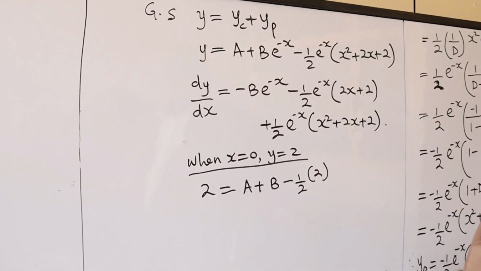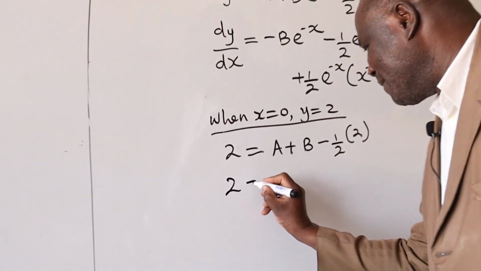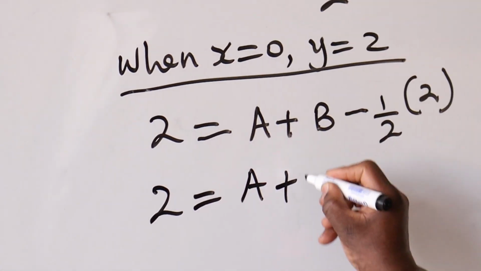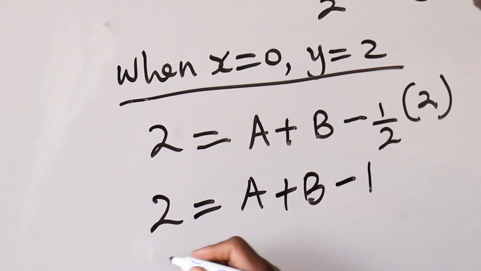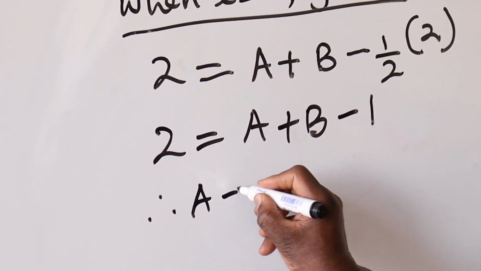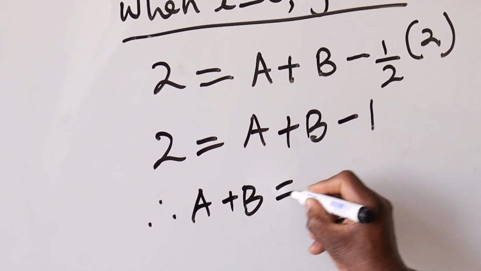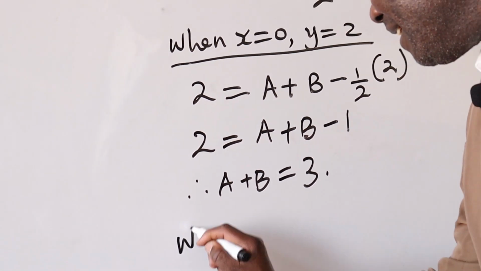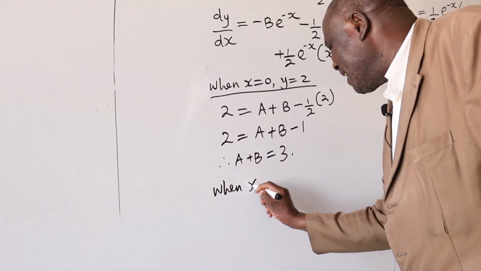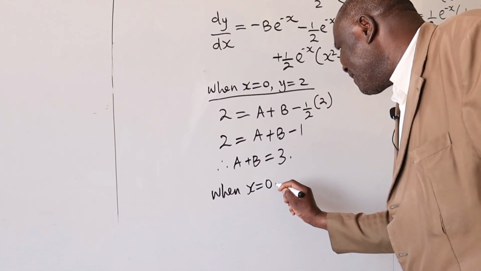So 2 is equal to a plus b minus 1. Therefore, a plus b is equal to 3.